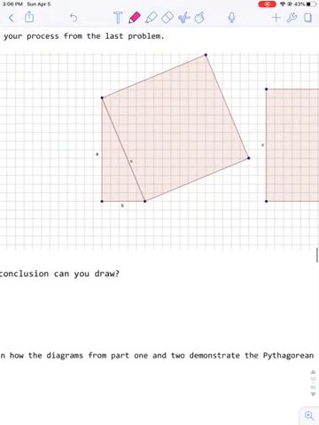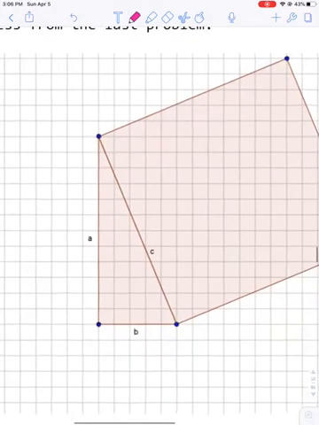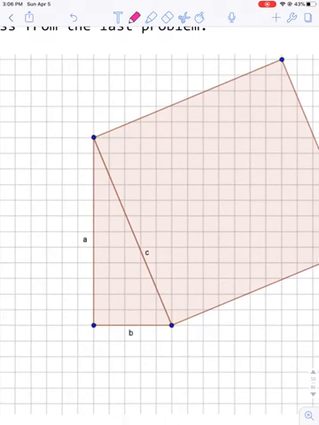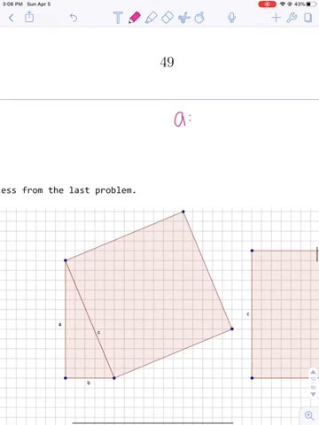All right, hopefully you are ready to go over this. Repeat the process from the last problem. Looking back at the instructions, the first step was to count how long each of the sides was. Side A is 12 spaces.